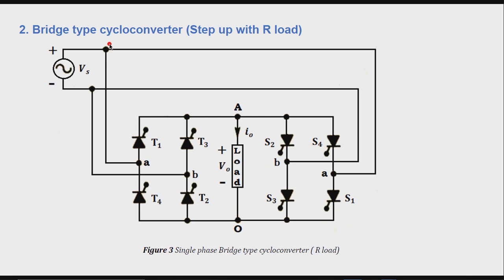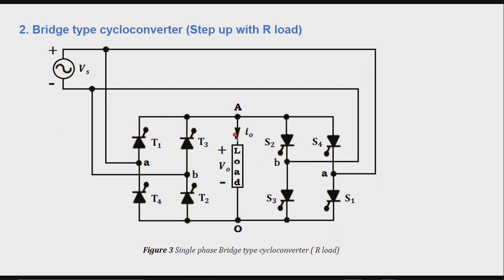When A is positive with respect to B during the positive half cycle of the supply voltage, thyristors T1 and T2 and thyristors S1 and S2 are forward biased from omega t equal to 0 to omega t equal to pi.